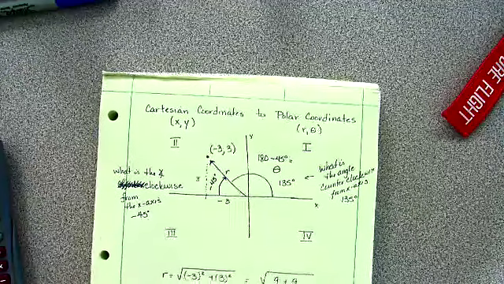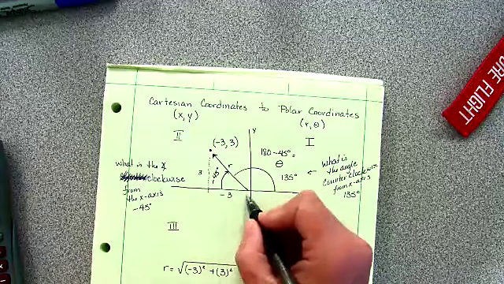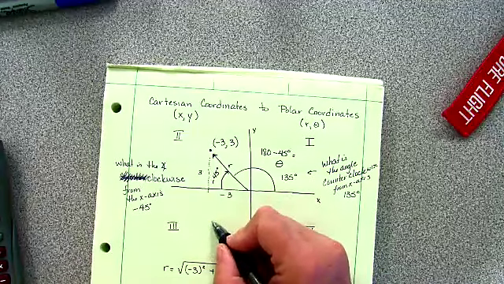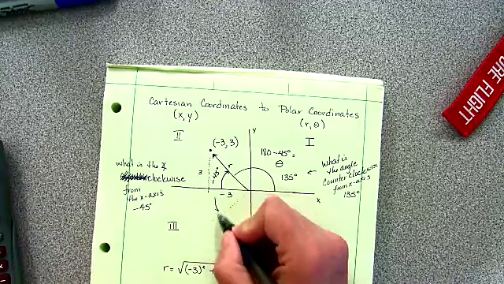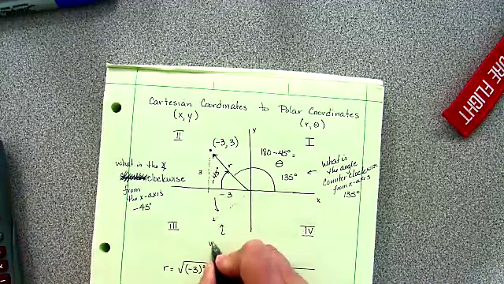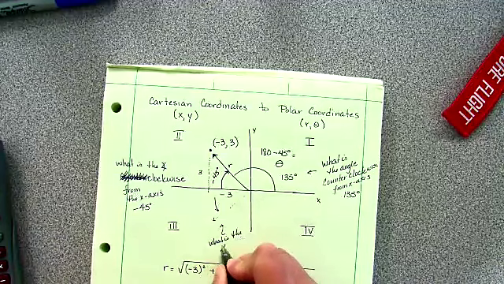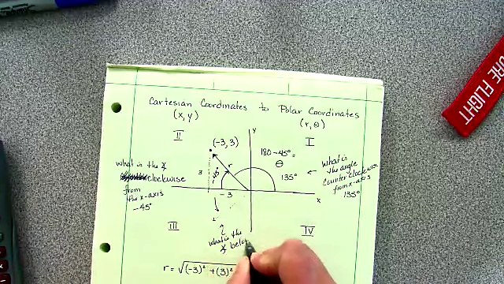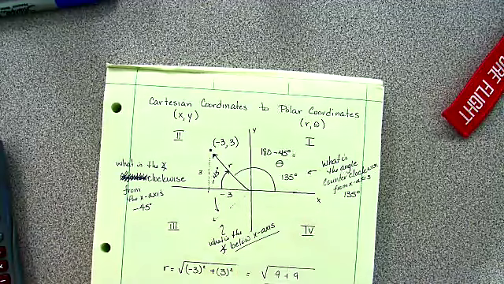So they can be pretty persnickety. If I ended up with an angle in this one, and it wanted this angle, it might say, what is the angle below the x-axis?